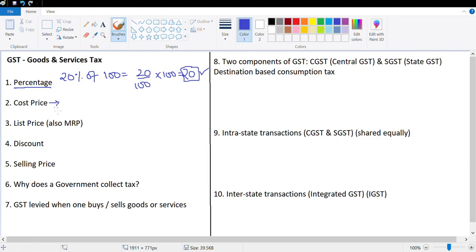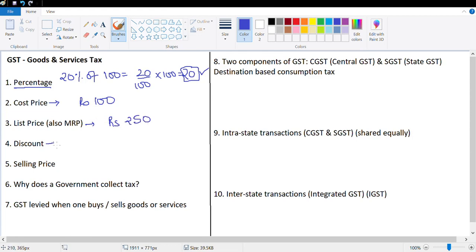What's cost price? Cost price is the price at which you buy something. List price: let's say you purchase something at rupees 100 and you are a trader, you want to sell it off. When you put it in your shop or in your office for selling, you decide to add some profit to the money that you invested, and you decide to price it at, let's say, 250.